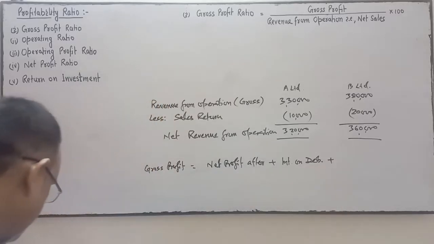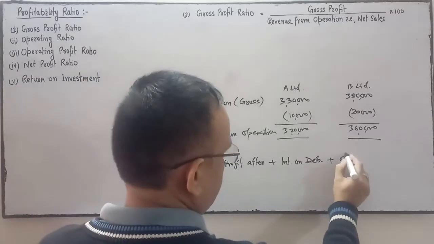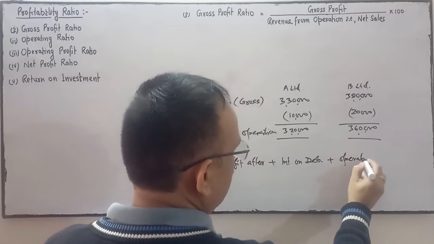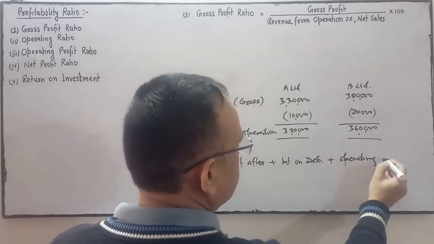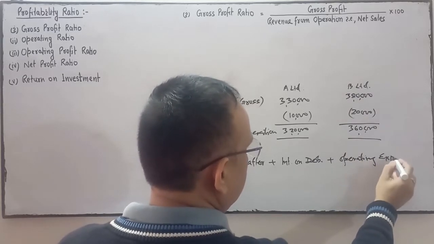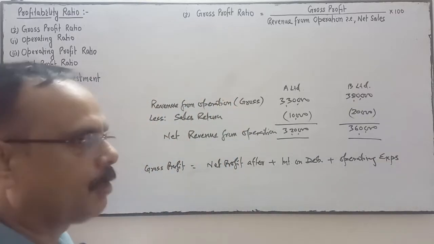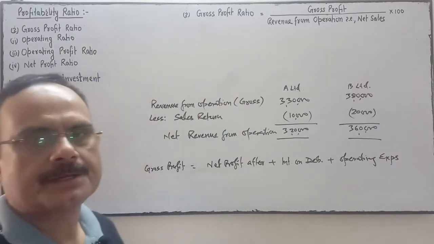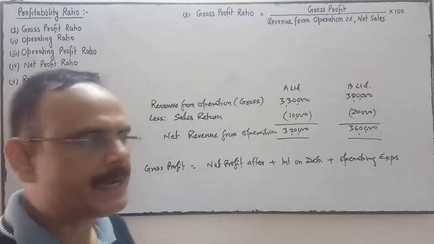Number two, you add the operating expenses. Operating expenses means office and administrative, and selling and distribution expenses.